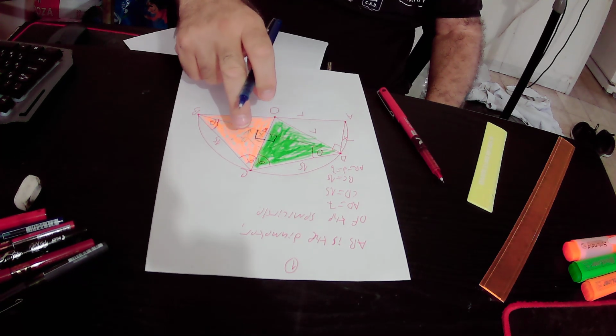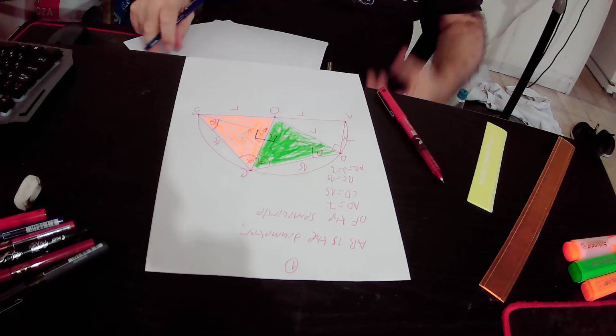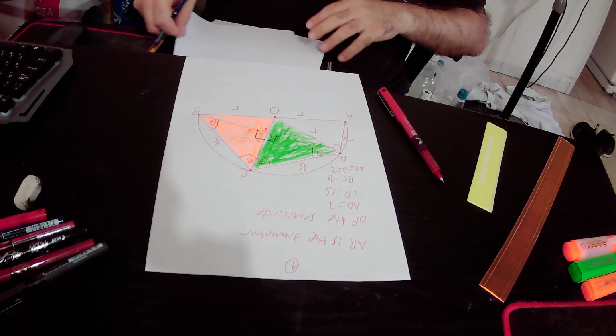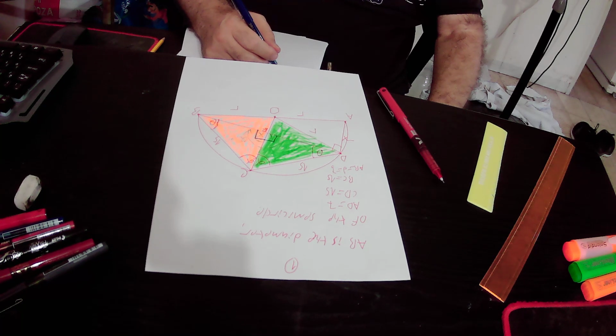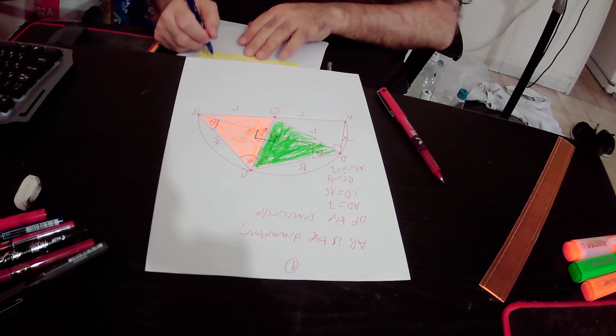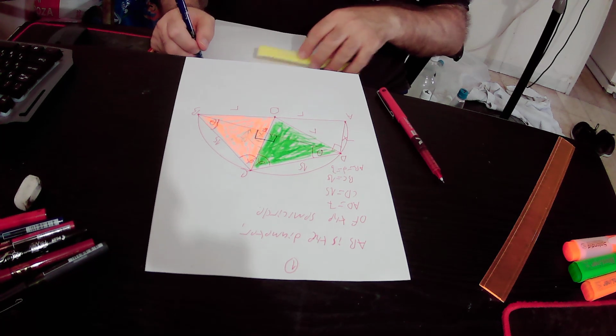Therefore, OC is the radius of the semicircle, and as a radius it must be a straight line. So chord OC is a straight line.